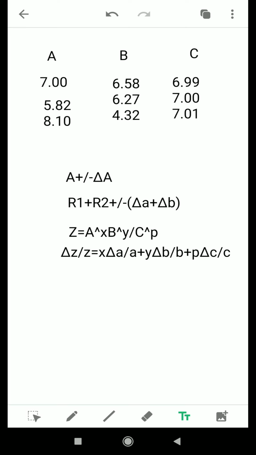Let's talk about one example of this. Percentage error in measuring A is 2%. Of course, the relative error. Clear? The relative error of A in percentage is 2%.